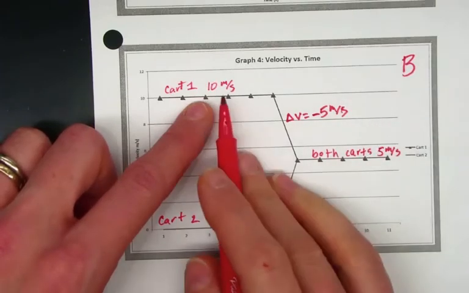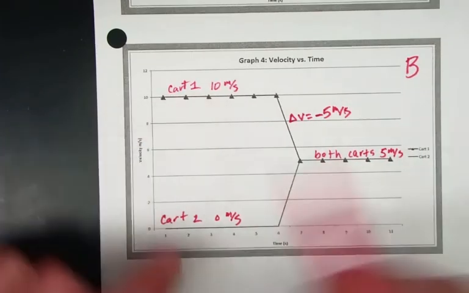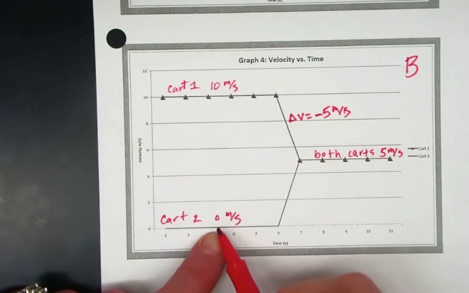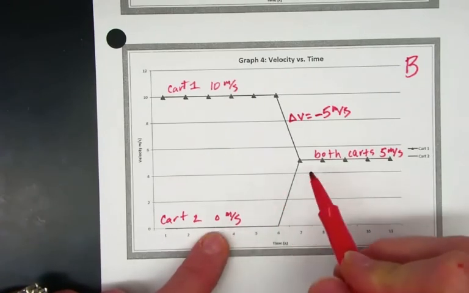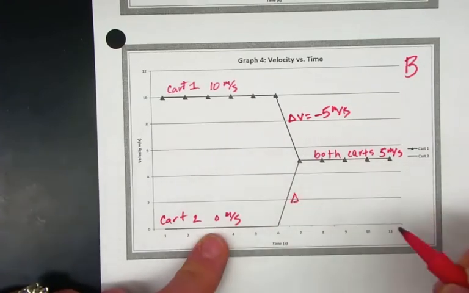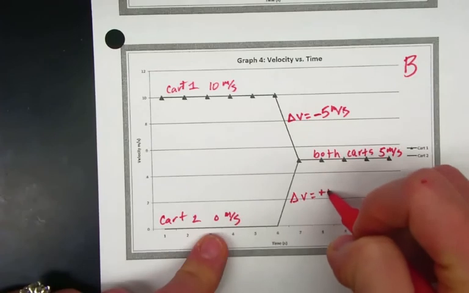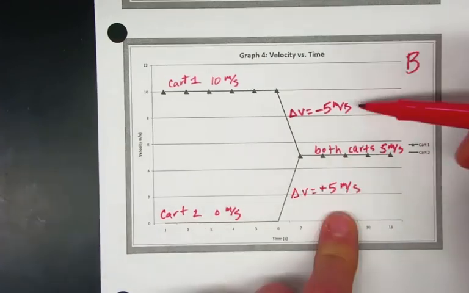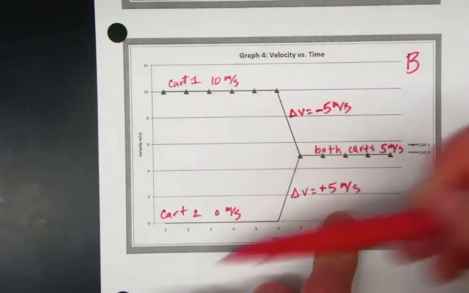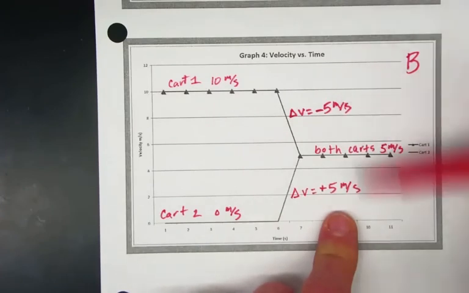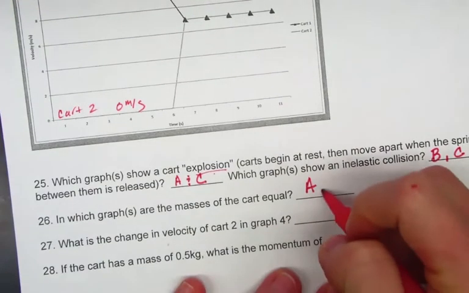And then here I'm starting at 0, right? And then I'm going to 5. So my change in velocity here, 5 minus 0, is positive 5 meters per second. So again, these are equal and opposite changes of velocity, so B is also the same mass.